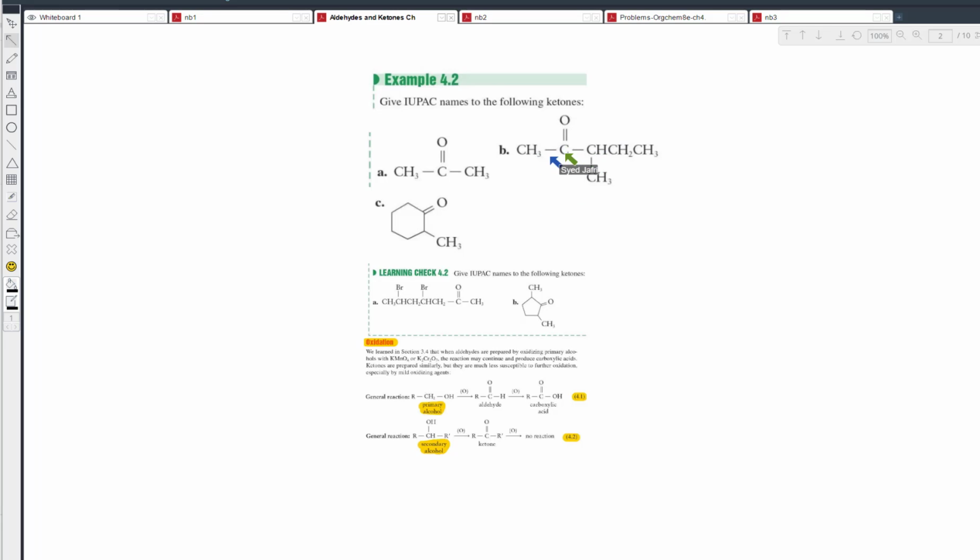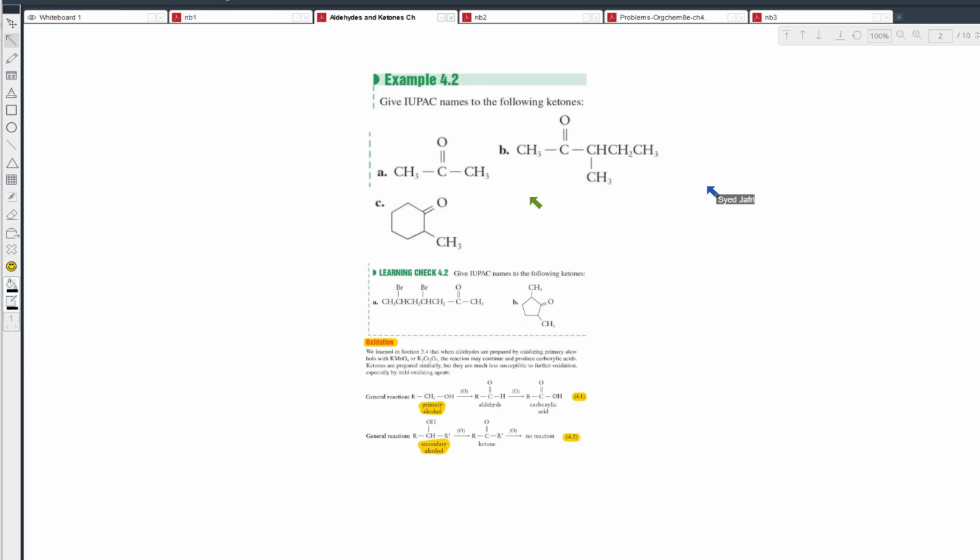And then this one, there's the ketone functional group. So 1, 2, 3, 4, 5. Would it be 3-methyl pentanone? No, 3-methyl is okay, but now you have to mention the position of the ketonic group also.